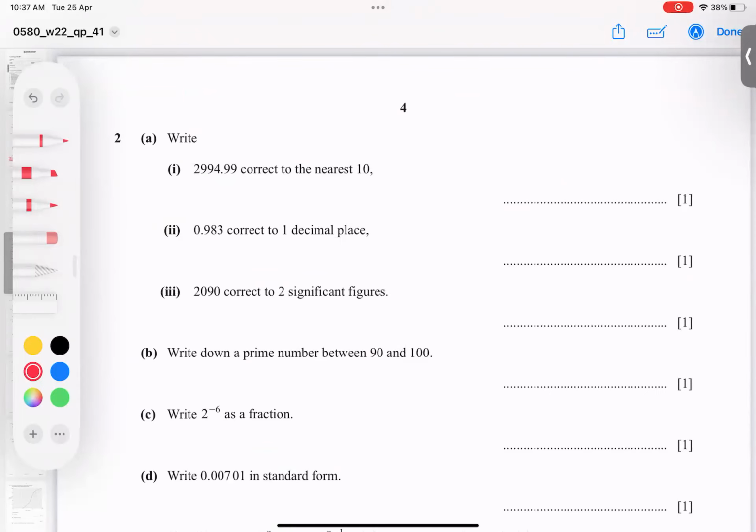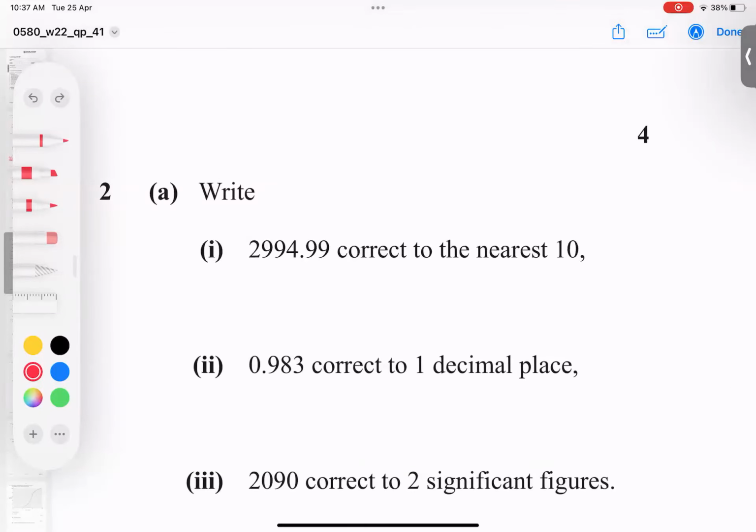Question number 2. Write this correct to the nearest 10. If we give you nearest 10, it means this is called ones, this is called tens, this is called hundreds, and this is called thousands. Because we need this one, this digit we don't want.